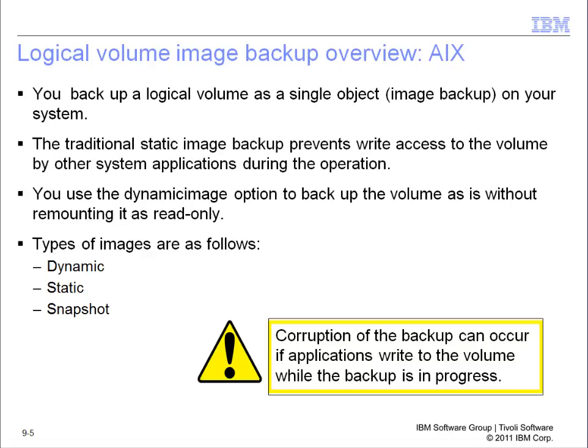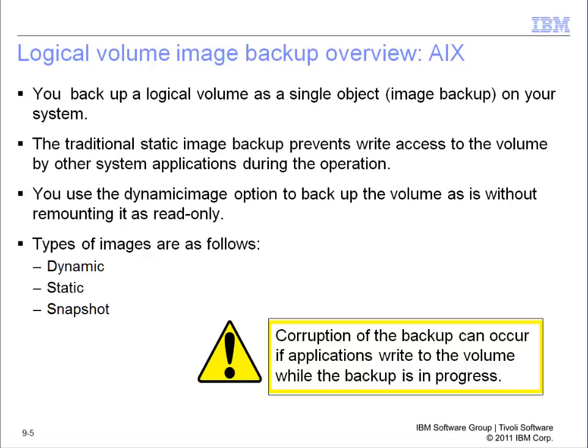Static is an image backup while the volume is unmounted and then remounted as read-only. This is going to be your default for AIX, HPUX, and Solaris. Snapshot means you're going to perform a snapshot backup during which the volume is available to other system applications.